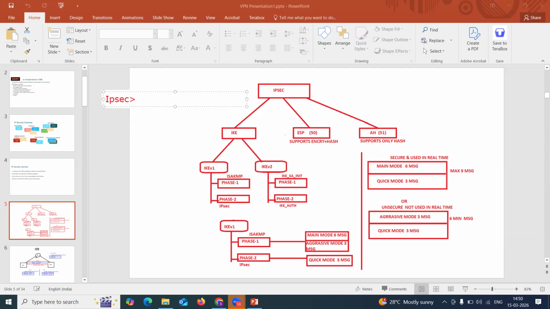Under IPsec, I have IKE. Under IKE, I have IKE v1. Under IKE v1, I have phase 1 and I have phase 2. This is how you have to understand.